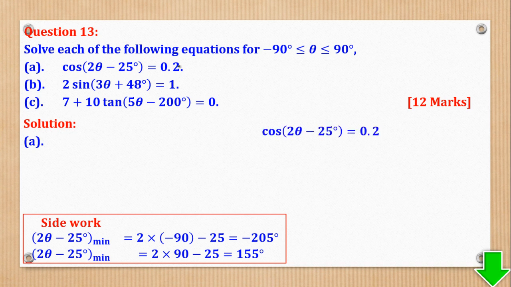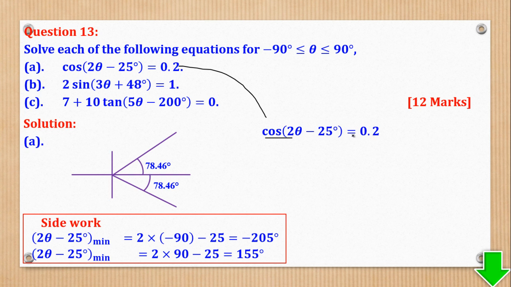So let's go to the question. Part A, that's what we're given. It's already in terms of x, cos is already made the subject, so your work is to get the angles. Cos inverse of 0.2, you get 78.46. Then remember that cos is positive in the first and fourth quadrants.